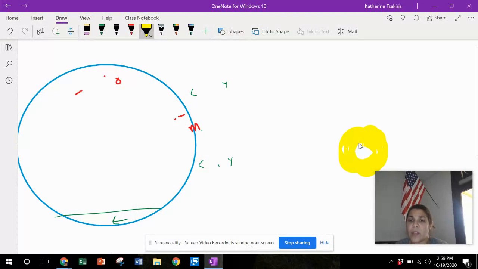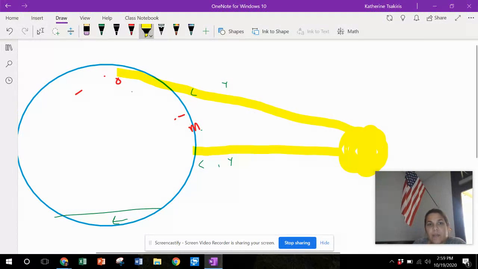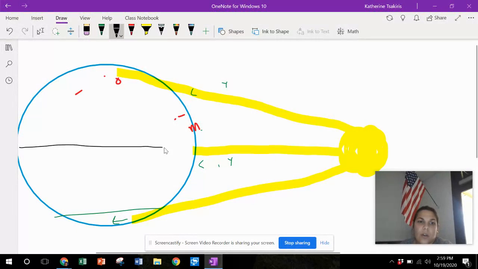Obviously, it's way bigger than Earth, but for our purposes, this is what's going to happen. Oh my gosh, this is terrible, but bear with me. At our equator, you get more concentrated sunlight. And then over here in your northern and southern hemispheres, the further away you are from the equator, the less concentrated sunlight you get. Right?